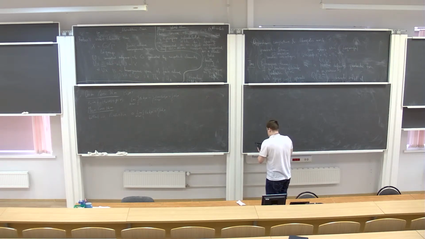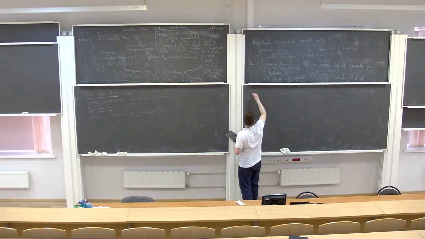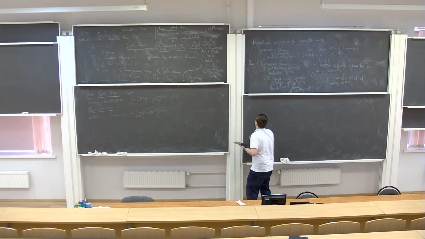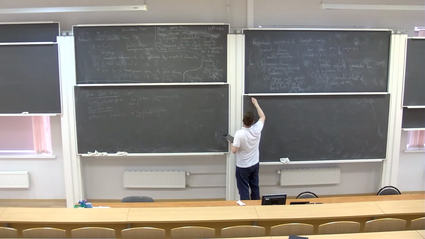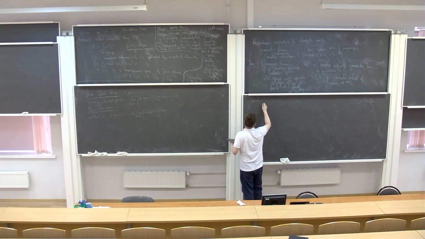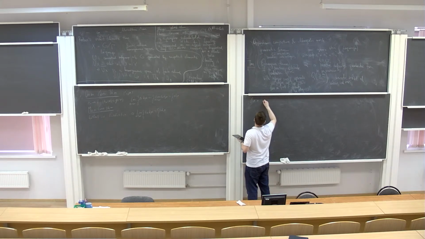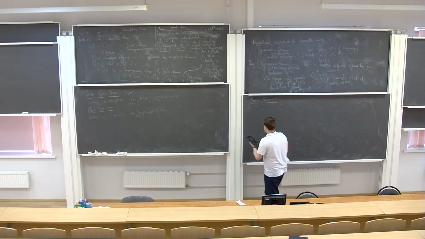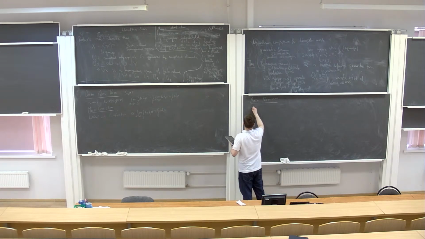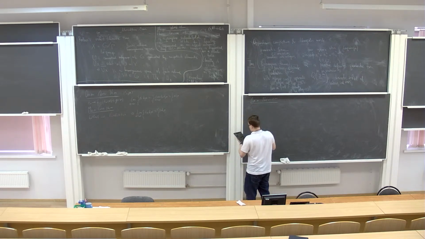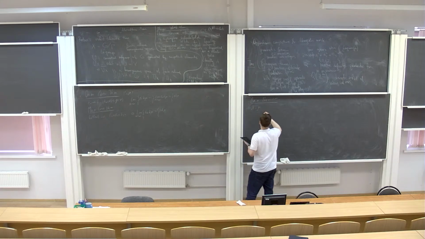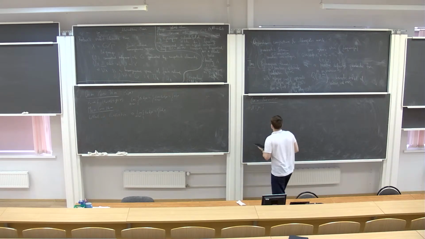Now I'm going to state the main theorem. It's not Birkhoff's ergodic theorem, but it's going to follow shortly after we prove the main theorem. Okay, so we have space X, mu some measure on that space.